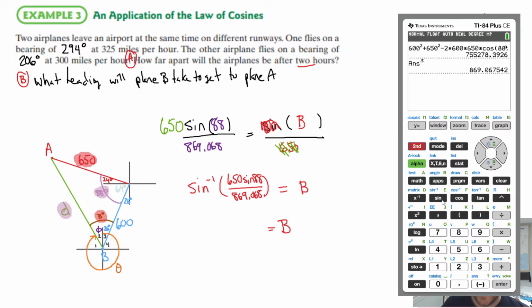We're going to go inverse sine of 650 times the sine of 88, close parentheses only once, and divide that by our previous answer. So you can hit second answer. You can also just use the up arrow to highlight things that you want. But anyway, close parentheses, enter. All right, I'm getting 48.372.